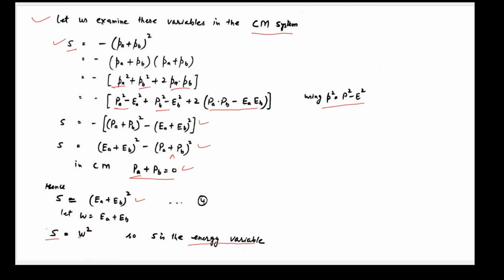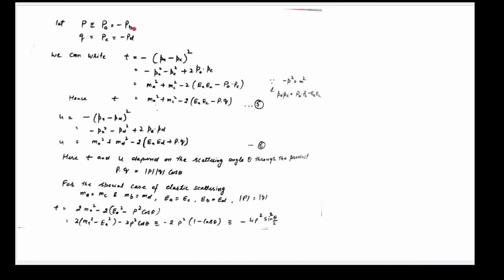Now we will examine the T and U variables. Here p is momentum: p is equal to p_A, q is equal to p_C, p is equal to minus p_B and q is equal to minus p_D in the center of mass frame of reference we are discussing here. So T will be equal to this. Opening this, we will get this.